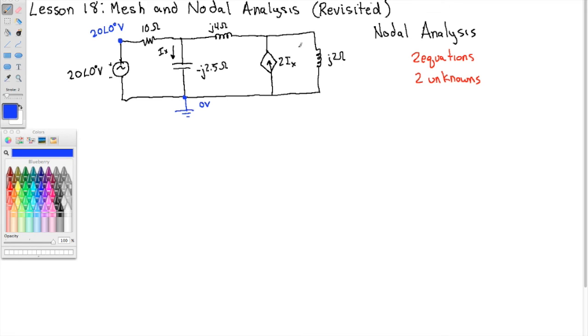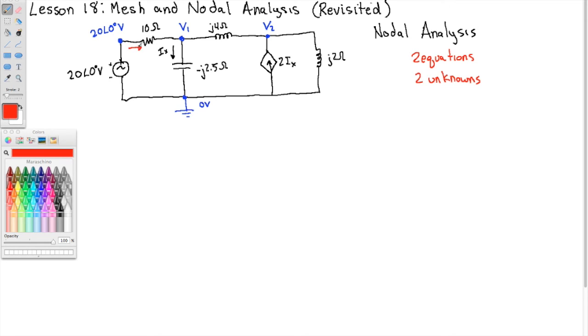Now we're left with this node, we'll call that V1, and this node, we'll call that V2. Next I'm going to pick a direction for currents.